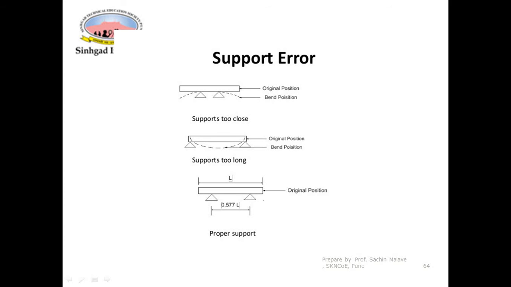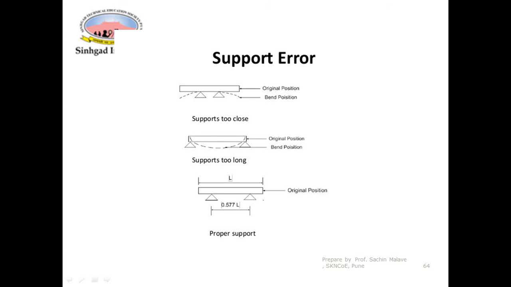So in the first condition, this is the bar, and you can see these two supports are too close to each other. They are very close to each other. That's why the bar has bent in this position like this. Whereas in the second condition, the two supports are too far apart.